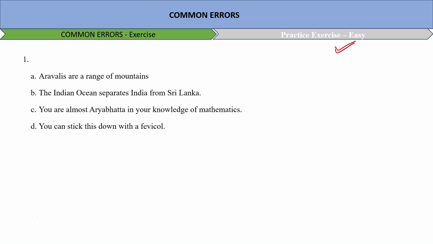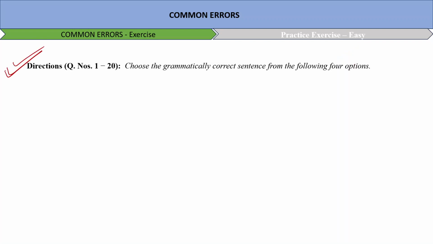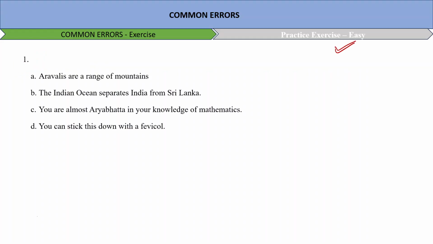I'll give you 30 seconds, and then I'll tell you the answer to these questions. Where does the error lie exactly? Now, what was the direction? Just read it once. Choose the grammatically correct sentence, which means there will only be one correct sentence and the other three sentences would be incorrect. So you have to figure that out, okay? Your time begins now.